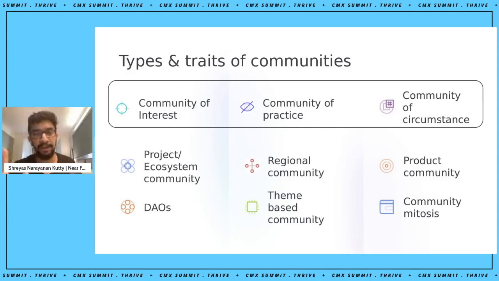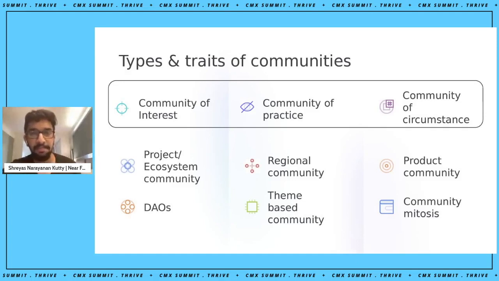Then there's decentralized autonomous organizations, which is nothing but a digital cooperative, right? That is on chain, with your decisions on voting power and governance, all of that available transparently, which is what blockchain enables. It's a transparency tool. And finally, you see this as a trait of a community, which is community mitosis.